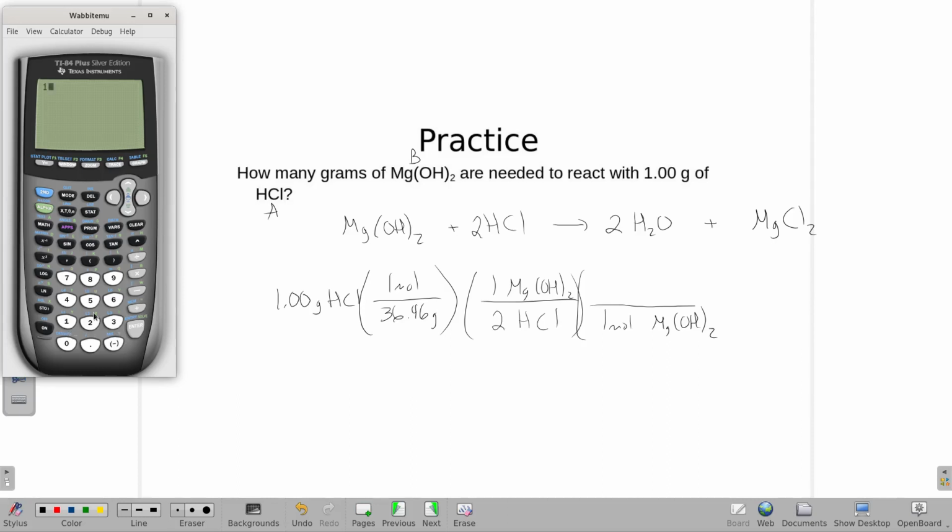O, oxygen, hydrogen. That would be the mass of an OH. That's the mass of 2 of them. And then I'm going to add to that the mass of a magnesium atom, 24.31. 58.33.